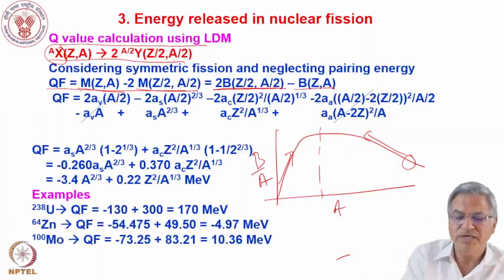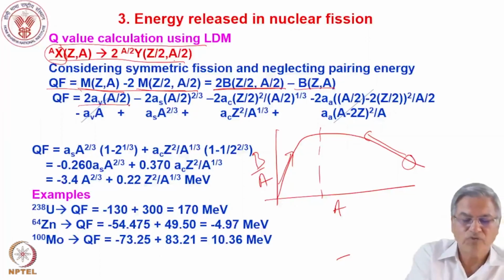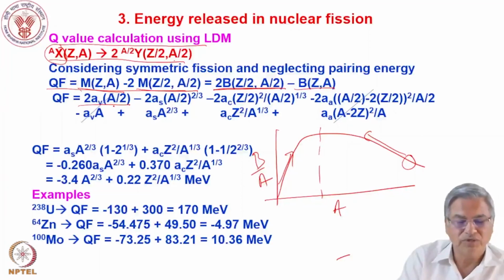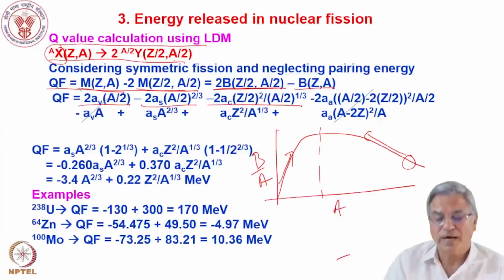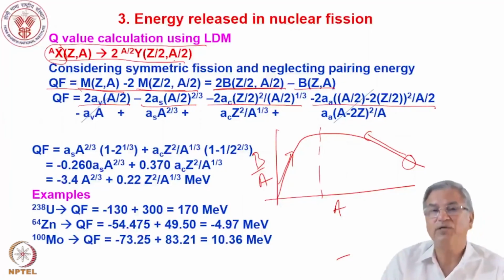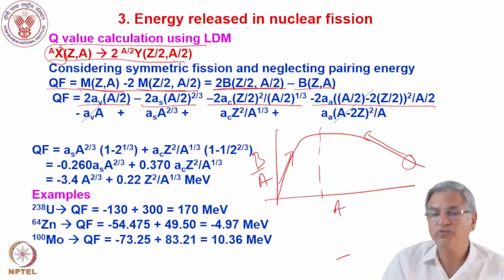So now we can write this in terms of twice the energy terms of the half nucleus. So 2 AV (A by 2) minus 2 AS (A by 2) to the power 2/3 minus 2 AC (Z by 2) squared over (A by 2) to the power 1/3, and the asymmetry term minus 2 AA (A by 2 minus Z by 2) squared upon (A by 2).